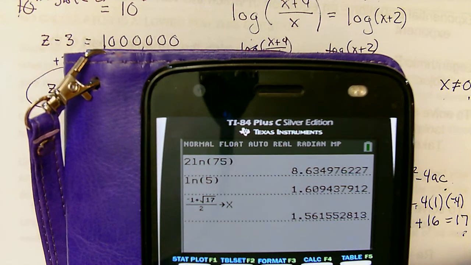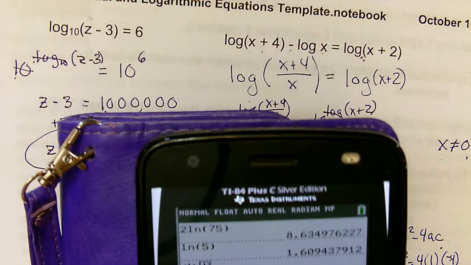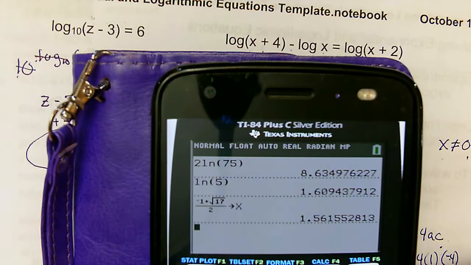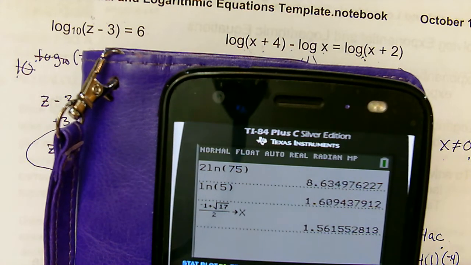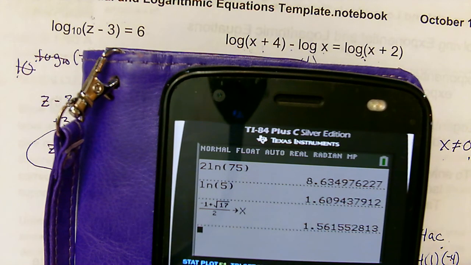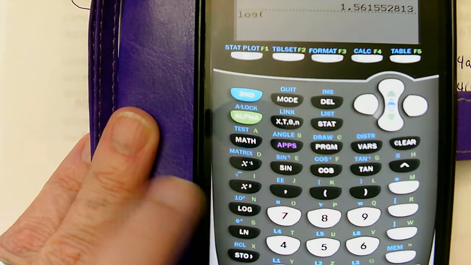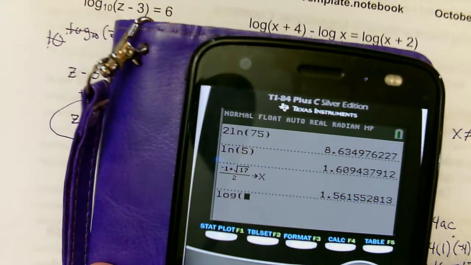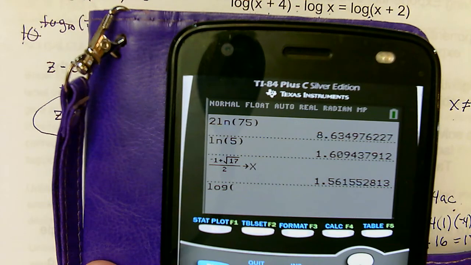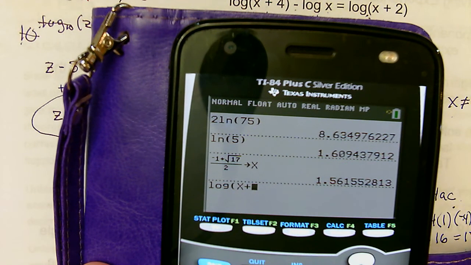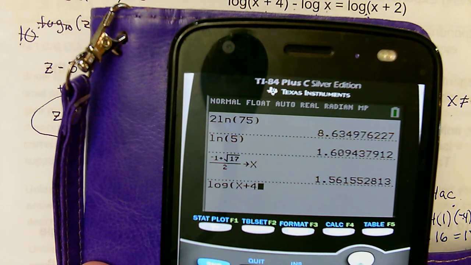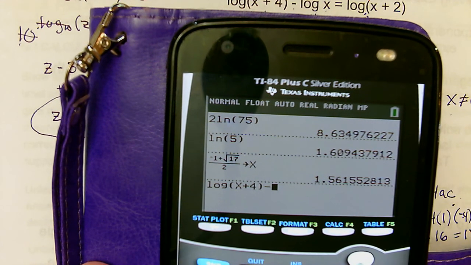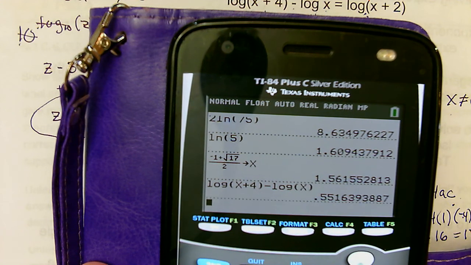So now the left side of my equation, I'm just going to scoot that down a little so you can see, was log of the quantity x plus 4 minus common log of x. So common log is the button on the calculator that just says log. It's right there. So log of the quantity x plus 4, close the parentheses, minus log of x, and again close the parentheses and hit enter.